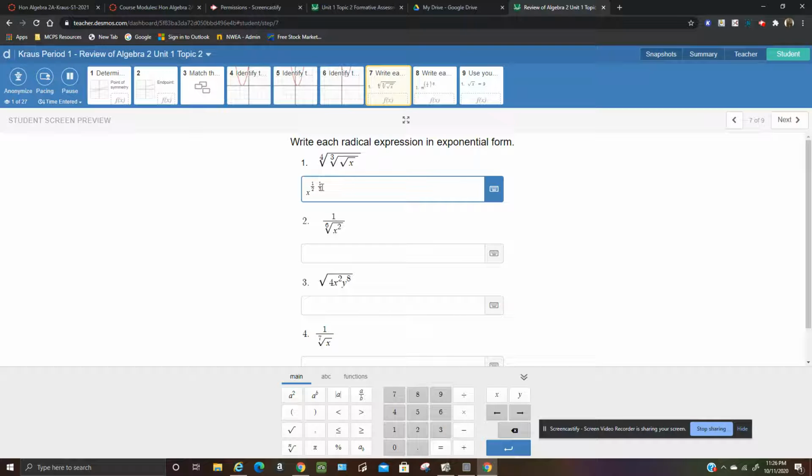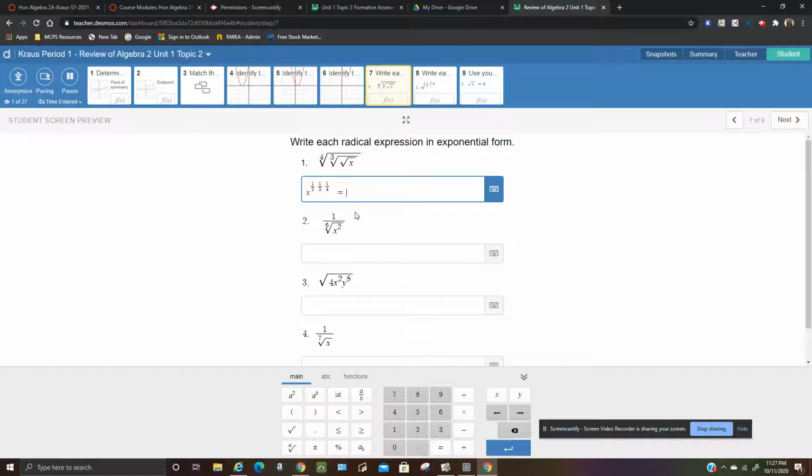So I have to get the cursor over here and then hit the fraction bar. I don't know how to get dots in between there, but we want to multiply these three together. So 1 times 1 times 1 is 1, and then 2 times 3 times 4 is 24.